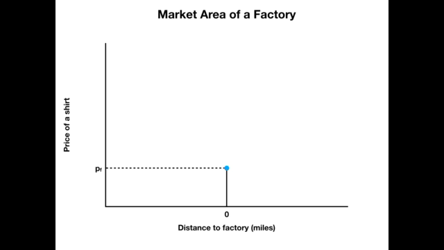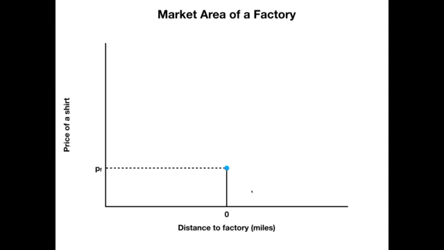So for the individuals in the immediate vicinity of the factory, let's say right across the street, those individuals face that price at the factory because the transportation costs are zero and the opportunity cost is minimal of going shopping and buying that shirt.